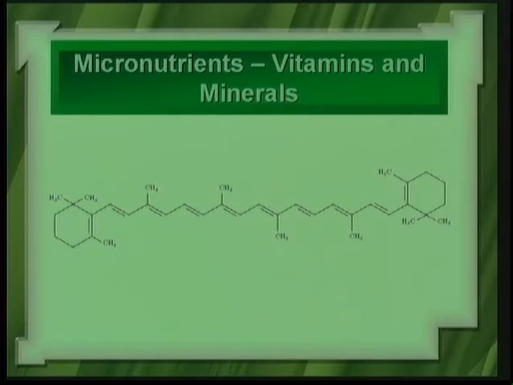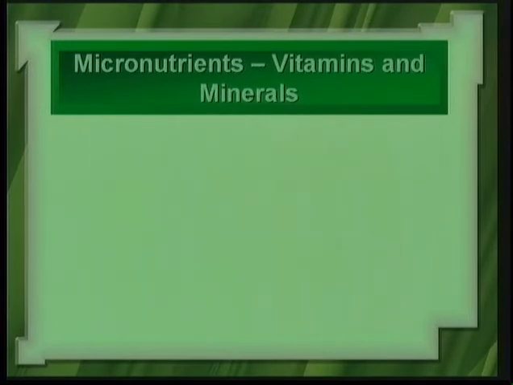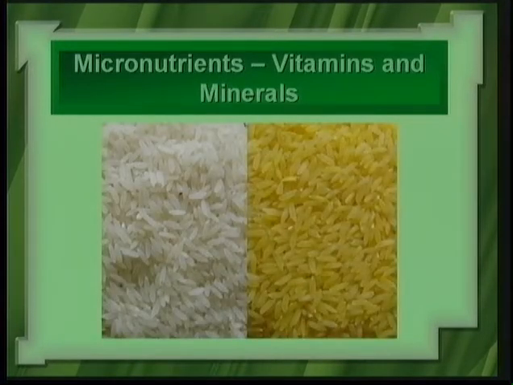So this is beta carotene, one structure of it. And you find it, of course, it's named after carrots, because this is the first kind of food that people discovered carotenoids or carotene in. So you can see that even in carrots, you have a whole bunch of different colorations and shapes. And remember when we were talking about biotechnology, remember golden rice? They actually took regular rice and genetically engineered it to produce beta carotene.